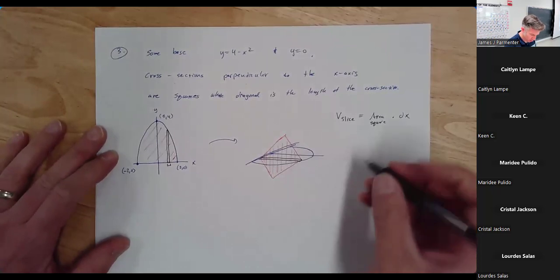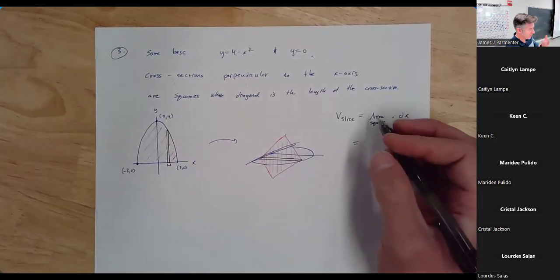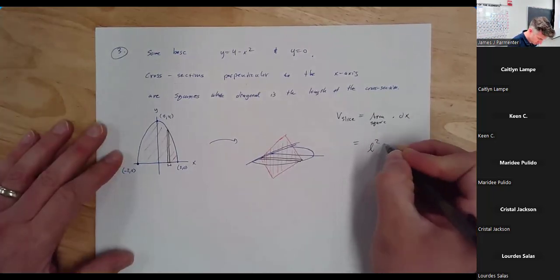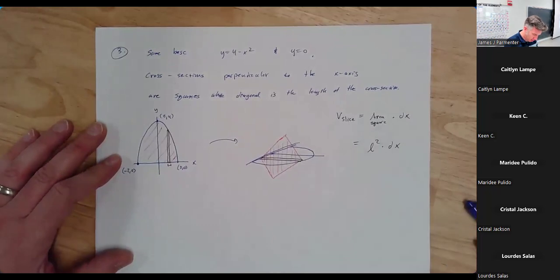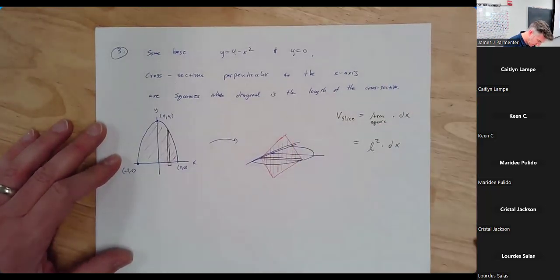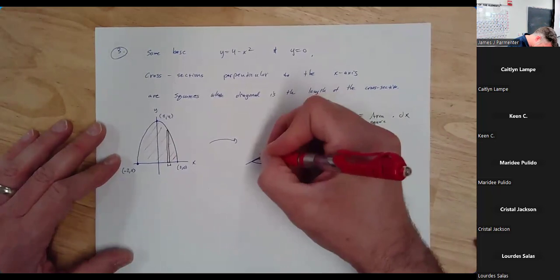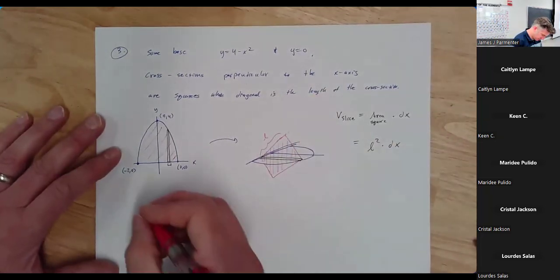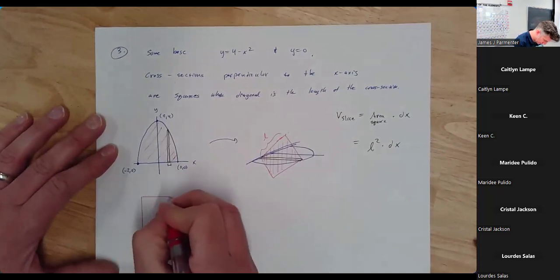Now the area of my square, well, I always like to start out generically with these types of problems, meaning I know the area of a square is just the length of the side squared. Which means I'm calling this side out here in space the length. Okay, well, let's actually draw the square down here.